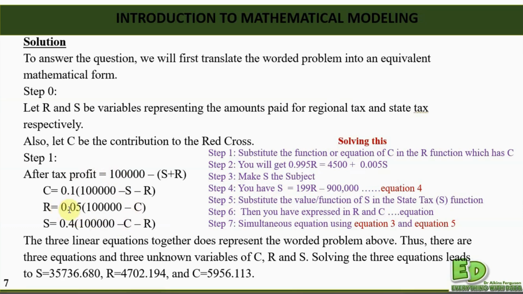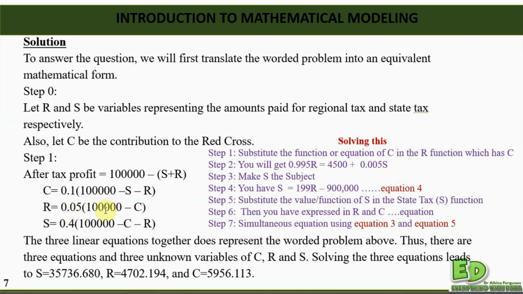Regional tax is 5% of its profits after the Red Cross donation. That is what we have here. And the state tax is 40% of its profits after the Red Cross donation and regional tax. Regional tax is 5% of its profits, that is after the Red Cross donation.